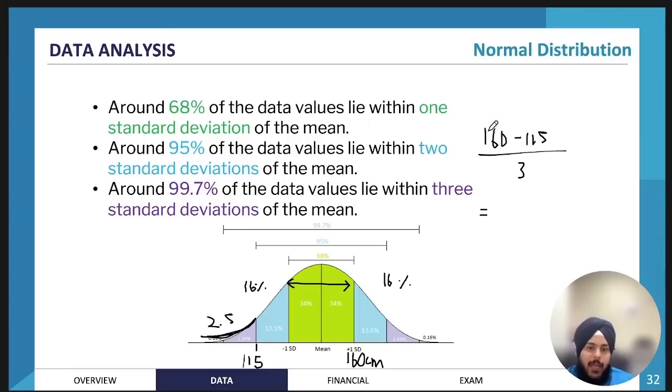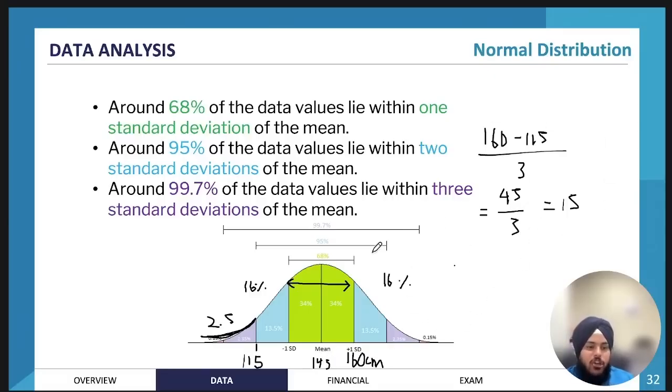So 160 minus 115 is 45. 45 divided by 3 is equal to 15. So the distance from one interval to the next represents 15. So 115 plus 15 is 130. 130 plus 15 is 145. 145 plus 15 is 160. So therefore, the mean is actually going to be 145, and the standard deviation is going to be 15 centimeters.